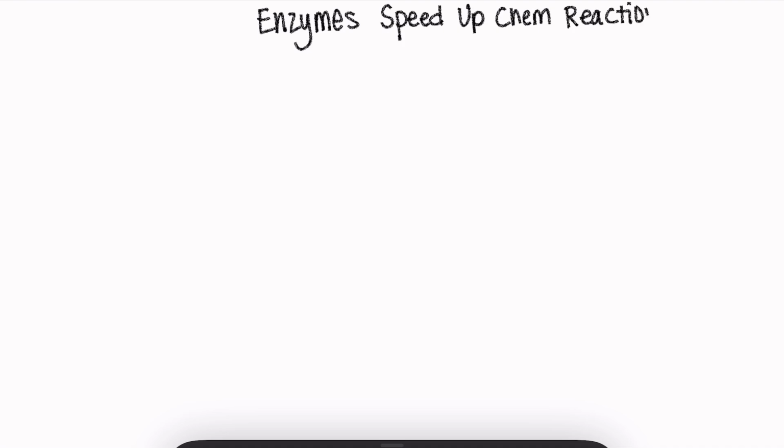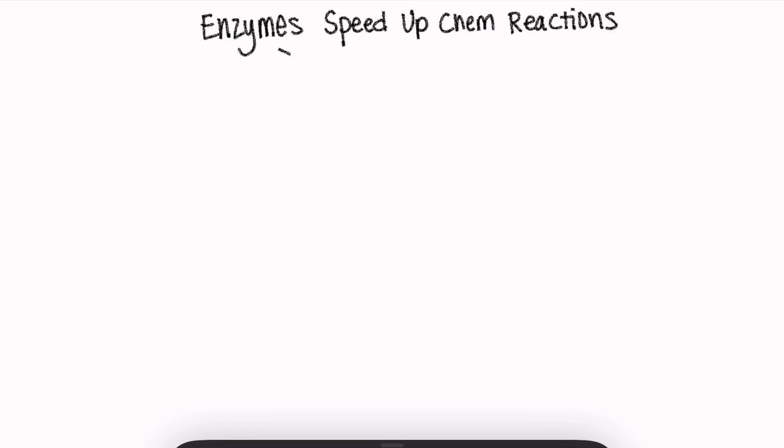I've thrown around this word enzymes now a little bit, but what is an enzyme and how does it work? So, enzymes are catalysts that speed up chemical reactions. Enzymes are biological catalysts, and a catalyst is something that speeds up a chemical reaction.